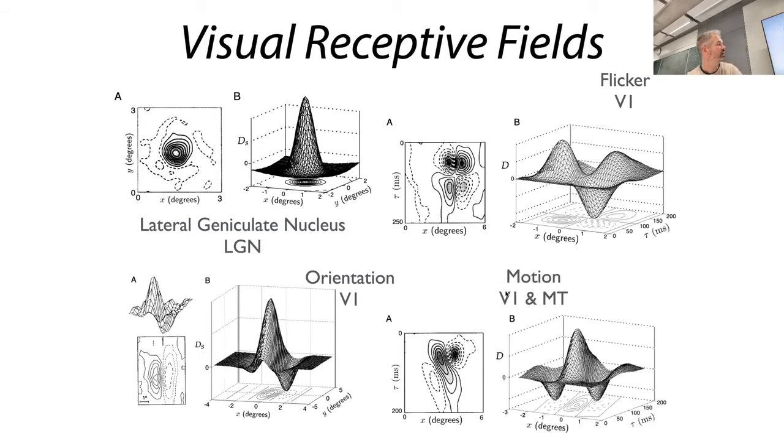We also have cells in V1 and a subsequent region called MT, which are very motion selective. The M doesn't stand for motion, it stands for middle, because it's the middle temporal region. This cell again has X and time, so space-time, but not a symmetric pattern over the time axis; it has an oriented pattern, which means it likes a specific direction of movement.